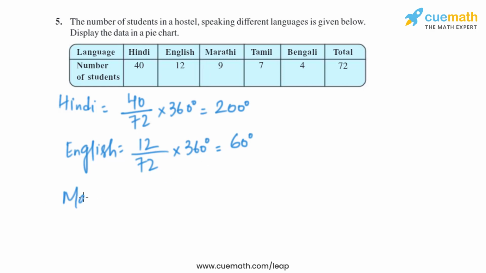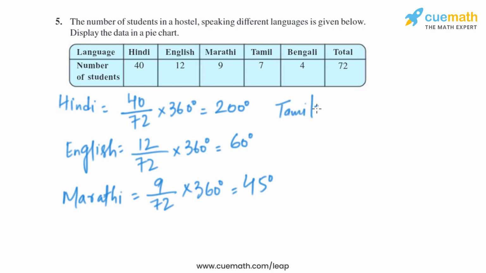Now let's move on to Marathi. There are 9 people who speak Marathi out of 72 multiplied by 360 degrees, and on solving this we will get 45 degrees. Now let's move on to Tamil.